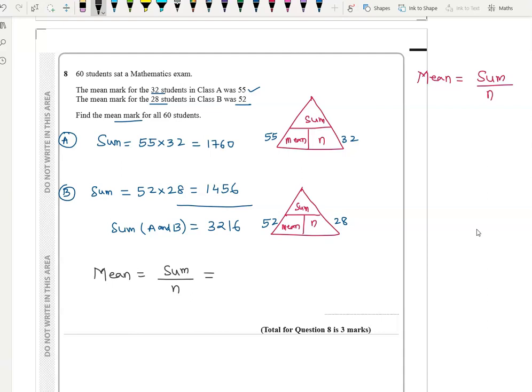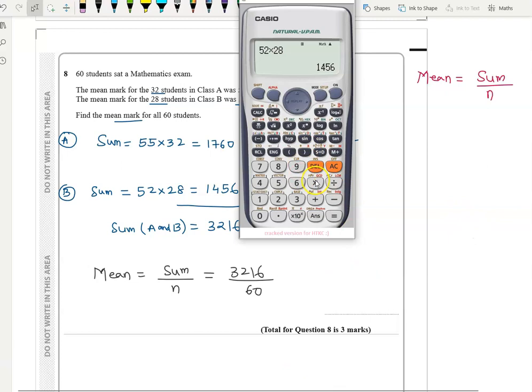The total of both, 3216, divided by the total number of students, which is 60. 3216 divided by 60 gives you 53.6.